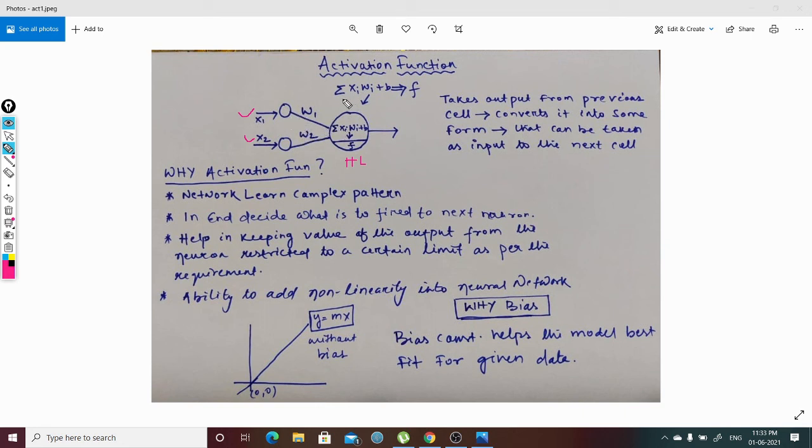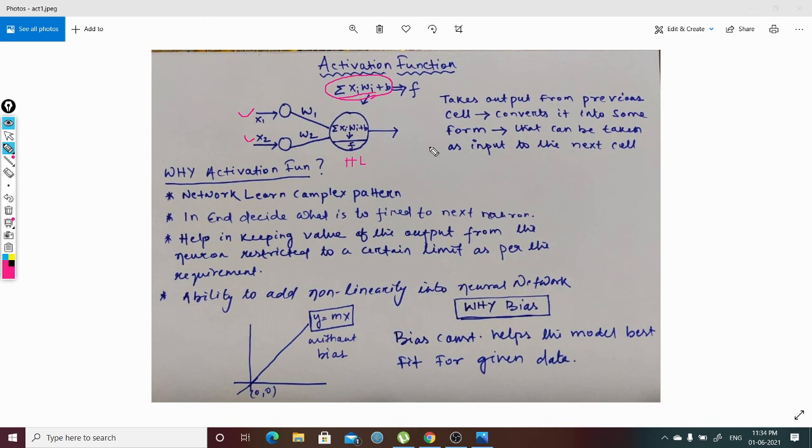Here I have written the multiplicative summation of these two, so x1 w1 plus x2 w2, and with some addition of bias. So this will be the whole input that is going to our activation function.